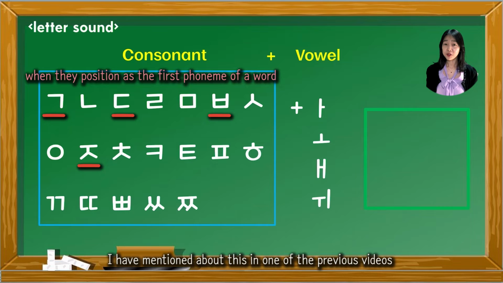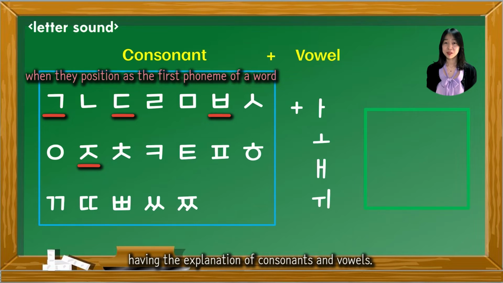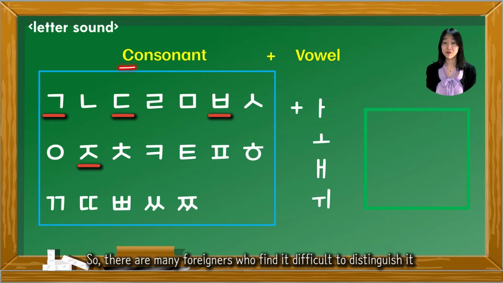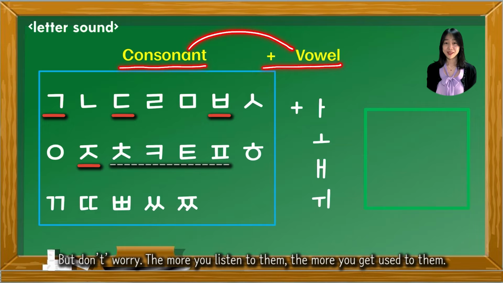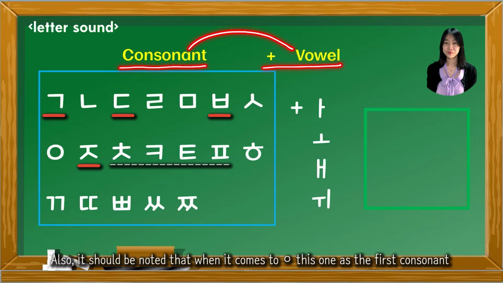I have mentioned this in one of the previous videos, having the explanation of consonants and vowels. So there are many foreigners who find it difficult to distinguish it from each sound of the aspirated sound. But don't worry, the more you listen to them, the more you get used to them.